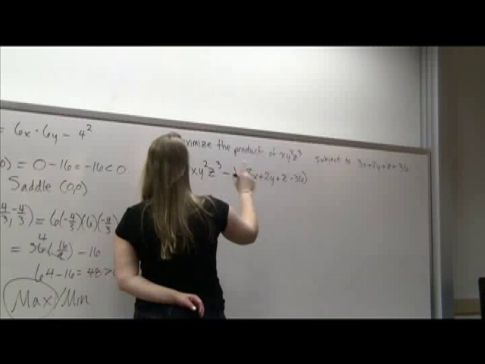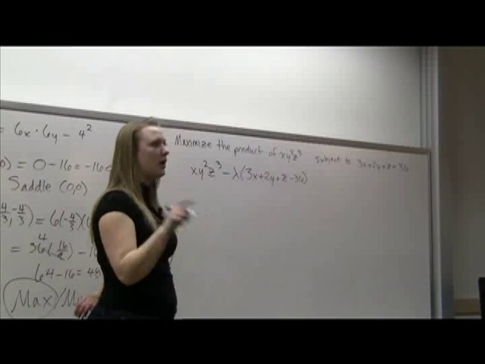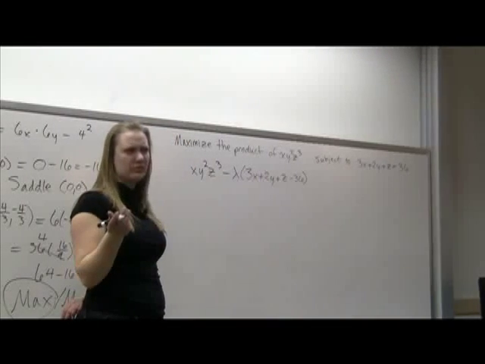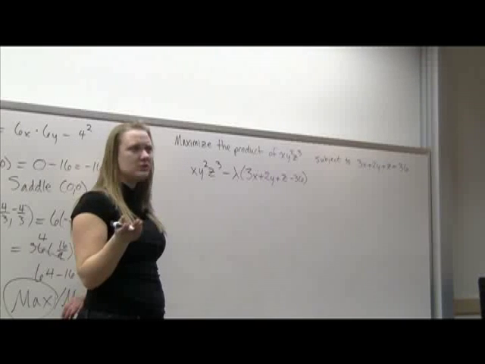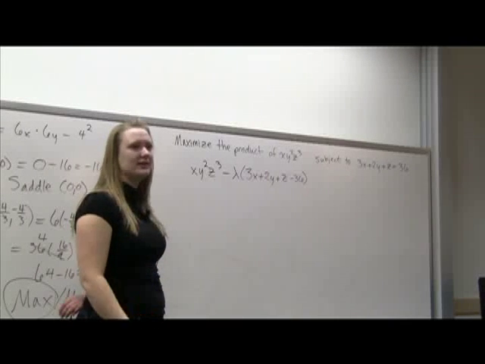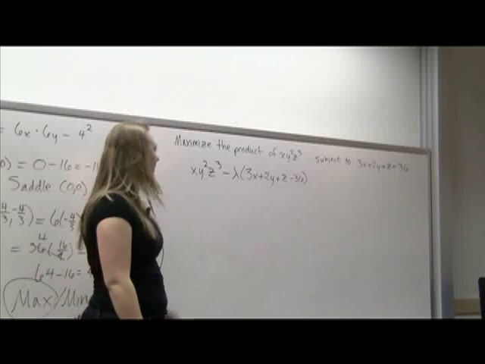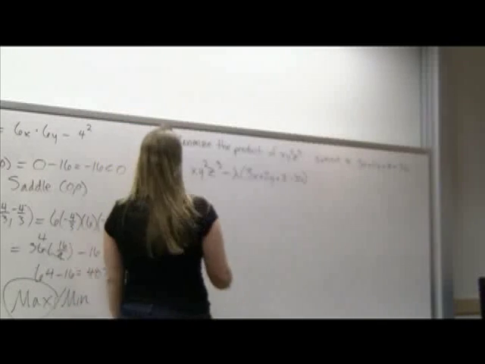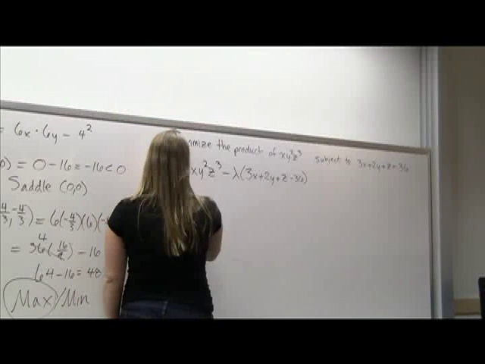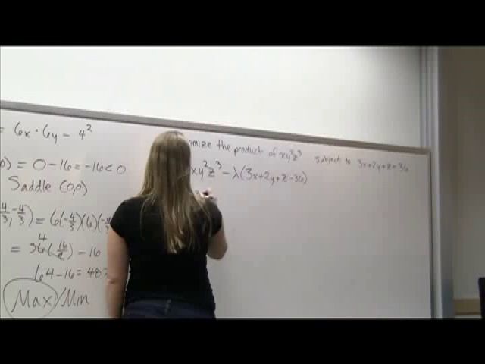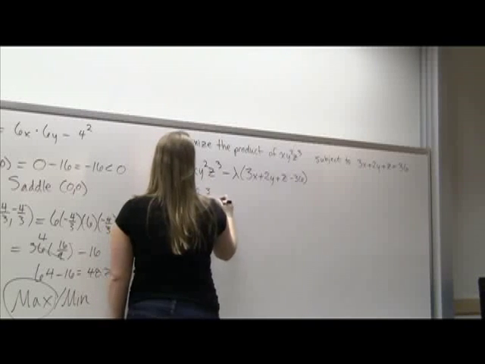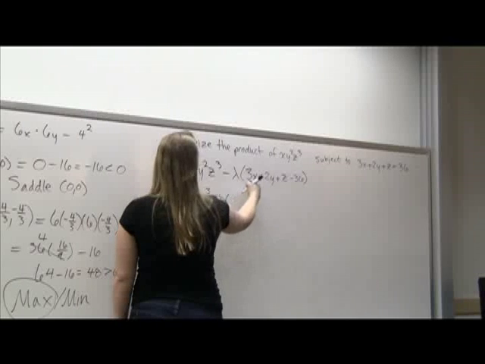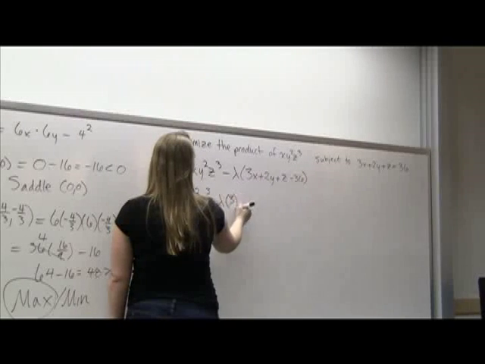Okay, so I'm going to take the derivative of this with respect to x, with respect to y, and with respect to z. I never do it with respect to lambda, because then I just get my constraint back, and I see no point. I already have my constraint. Okay, f of x is equal to y squared z cubed minus lambda, and the derivative of that with respect to x is 3.